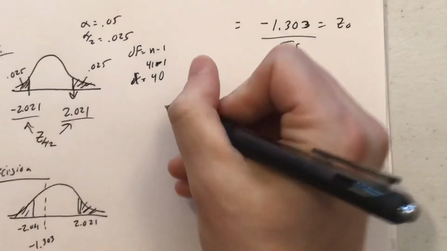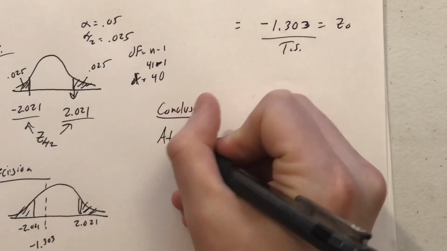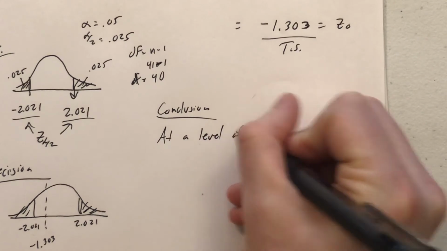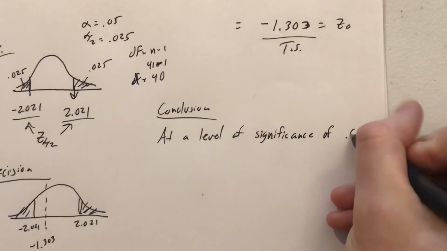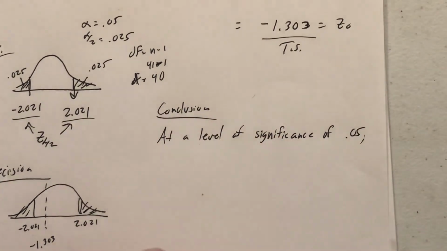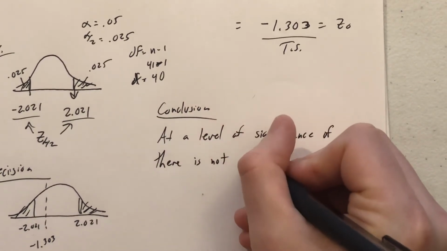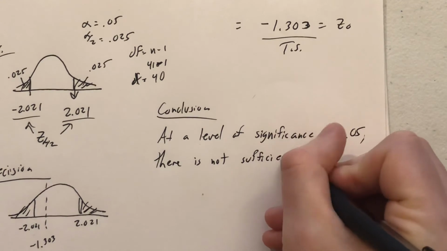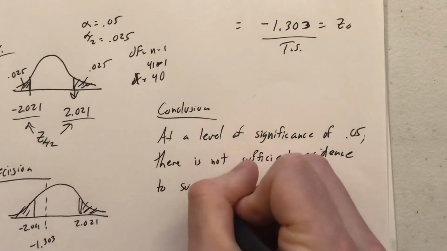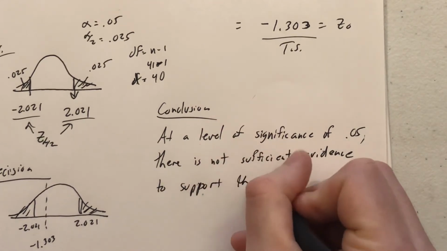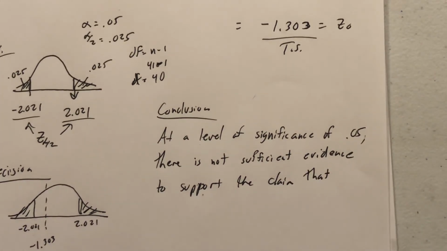And then based on that decision, we will make our conclusion, starting with, at a level of significance of 0.05, if we're not rejecting the null, we say there is not sufficient evidence to support the claim that, and now we just put that alternative back into words.